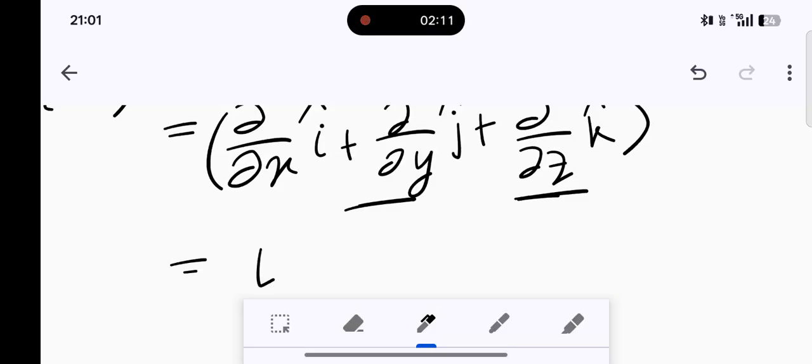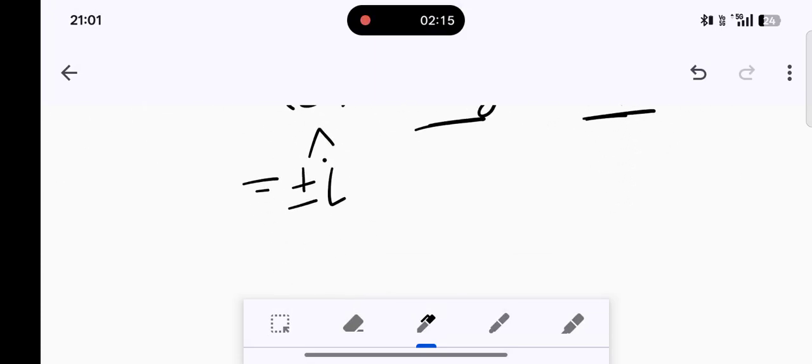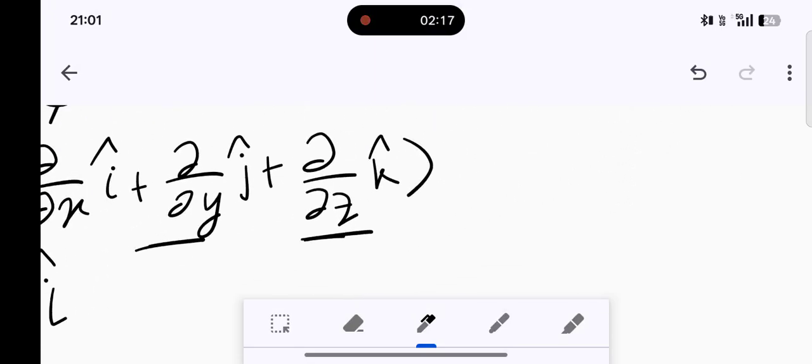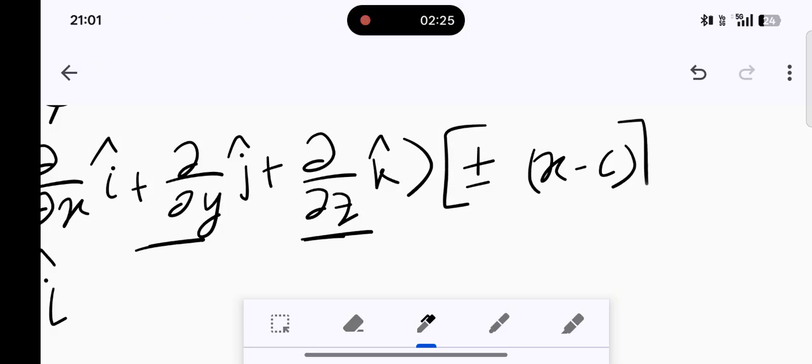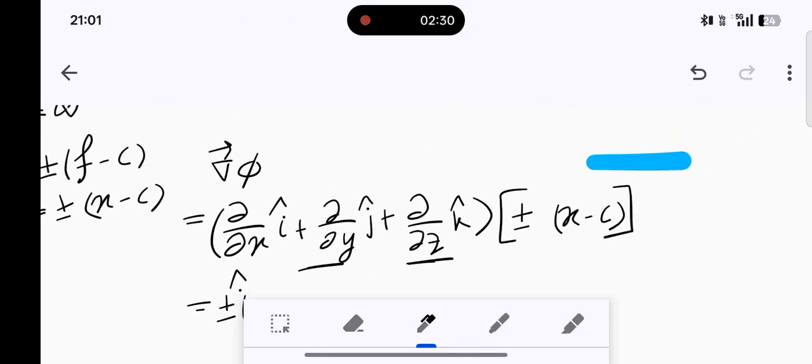But there is a plus minus, so it will be plus minus i cap. This is x, not f actually. So this is plus minus i cap. This is method 1.